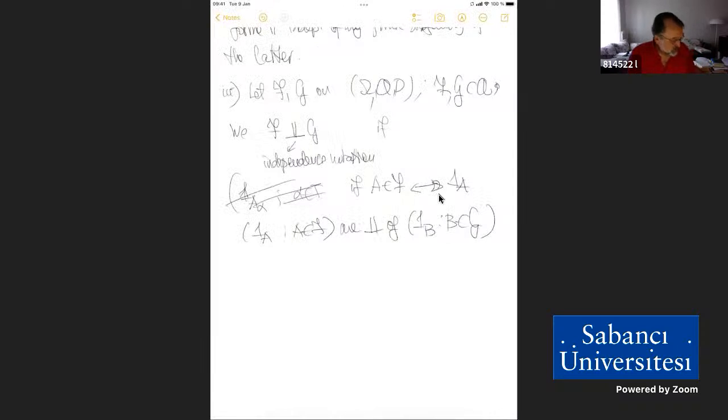So the first thing is that suppose that A is a measurable subset of Omega, and assume that it is independent of itself. This is 7-1.